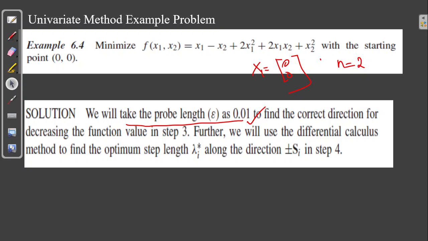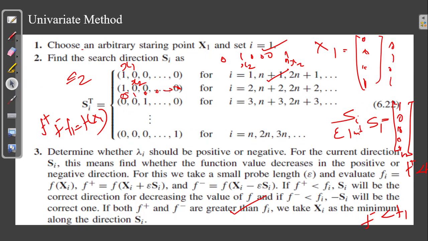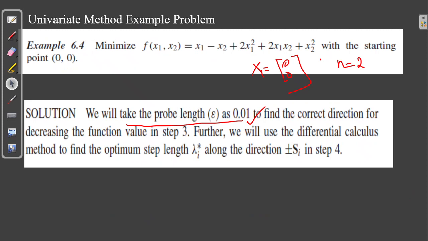Now that is step 3. Then we will use the differential calculus method to find the optimum step length lambda I star along the direction plus or minus Si in step 4.